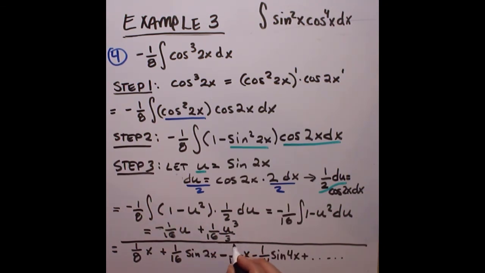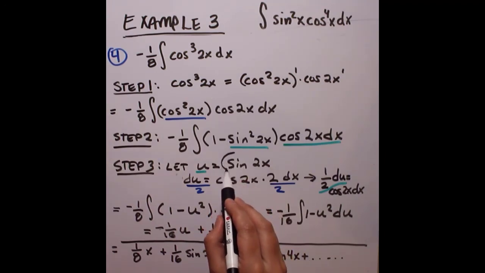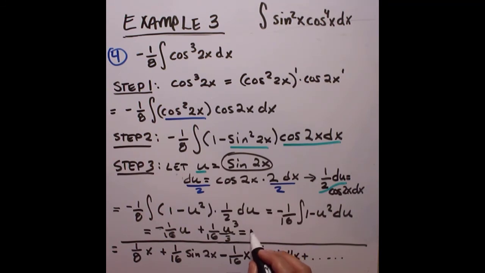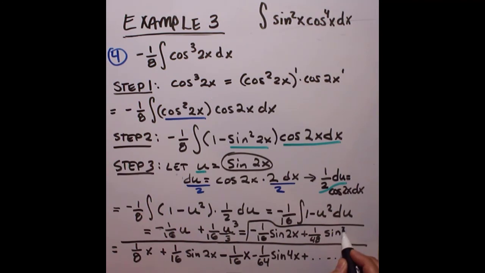And then let's re-put in what u was right back here, sine of 2x. So this is negative 1/16 sine 2x. It's getting pretty squishy here. Plus, this is 16 times 3, so 1 over 48 sine, notice this is u cubed, so sine cubed of 2x.